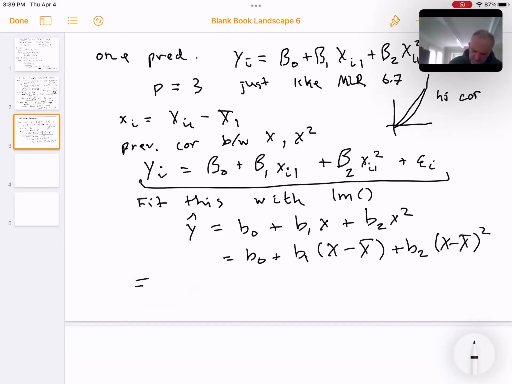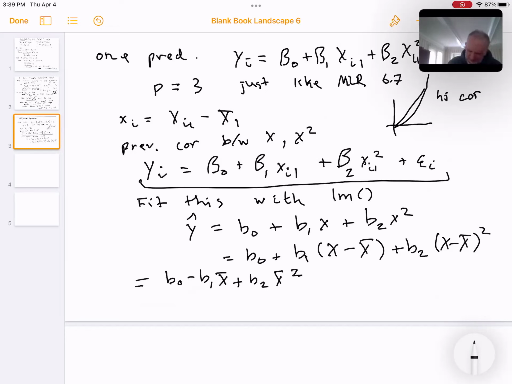So I have B0, here's my big constant term, B0 minus B1 x bar plus B2 x bar squared.